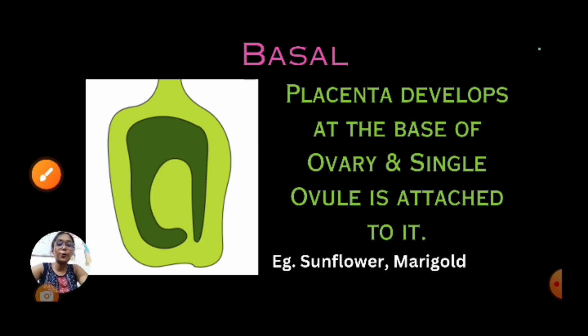Is it clear now? Basal, from the name it suggests that it is towards the base and only one single ovule is present. This type of placentation we can see in sunflowers, marigold flowers.